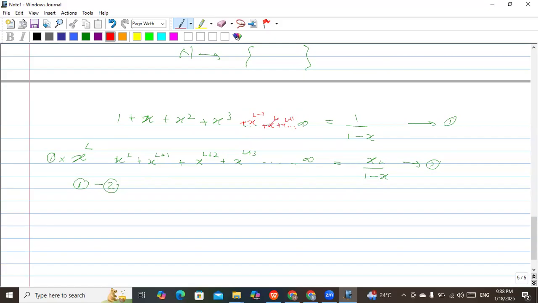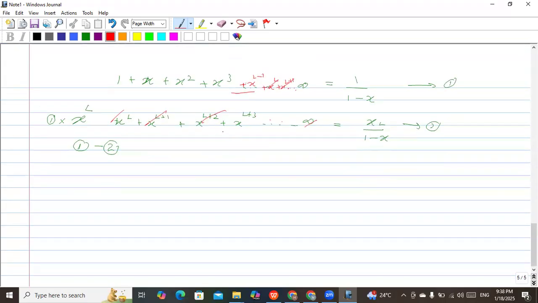XL terms gone, XL plus 1 terms gone, XL plus 2 gone, up to infinity, all terms are cancelled. Then I will have up to L minus 1. So I will have 1 plus x plus x2 plus x3 plus so on up to xl minus 1.